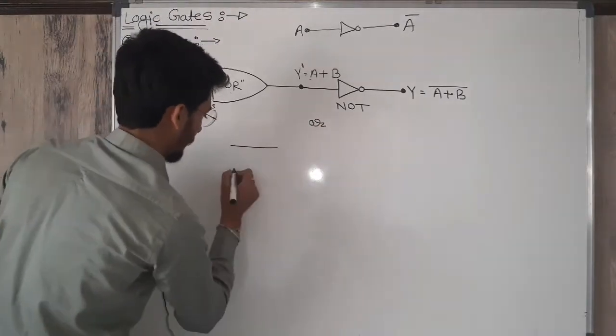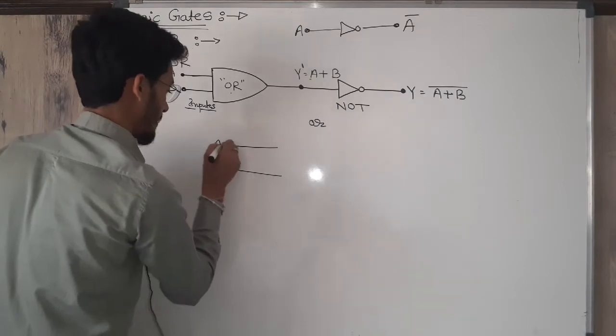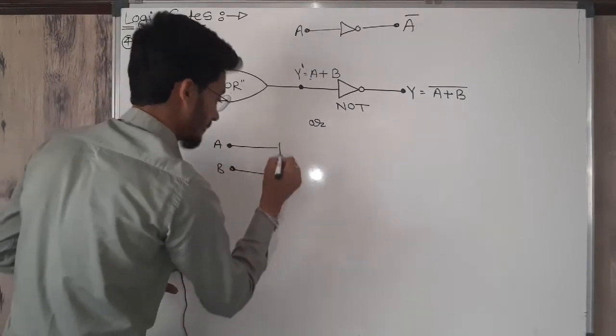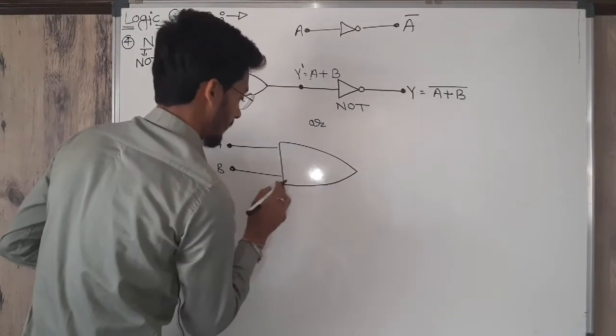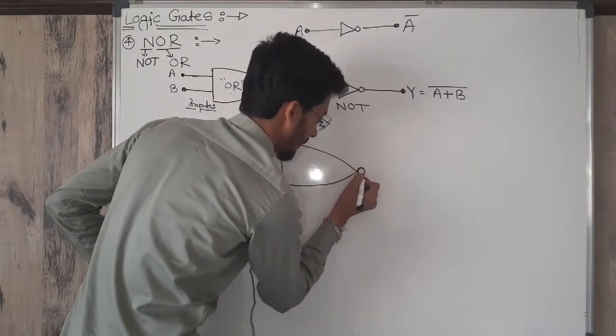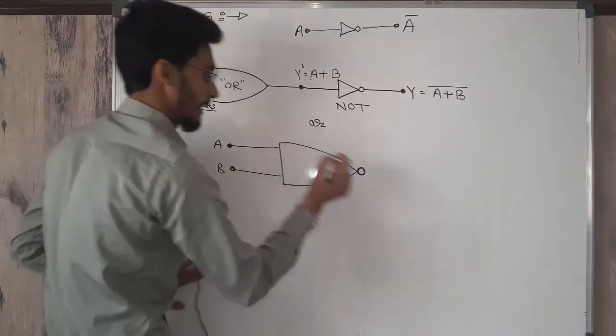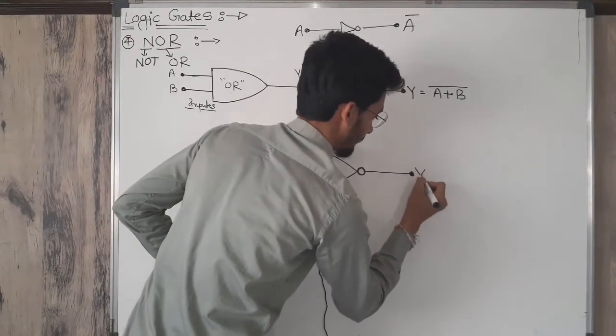You can draw A and B as the inputs, and you draw a bubble-like shape at the point where the output is formed on the OR gate.